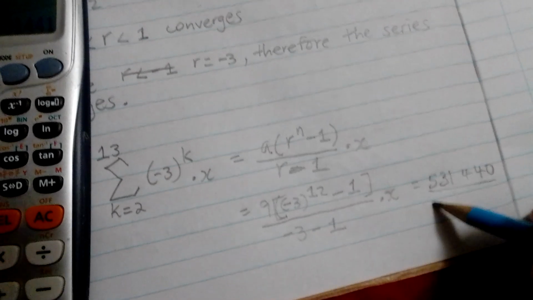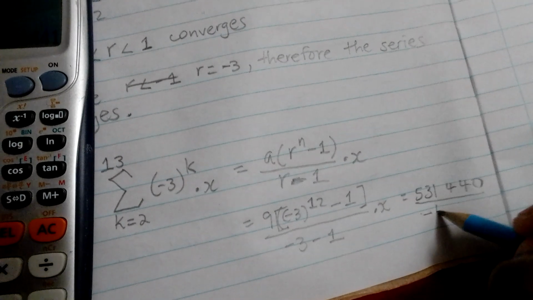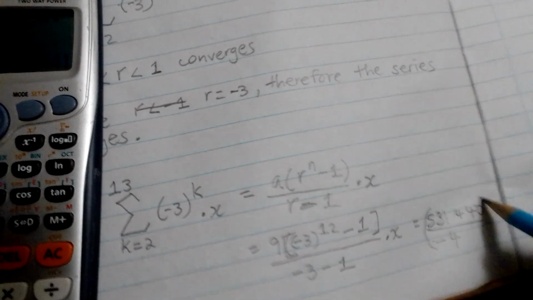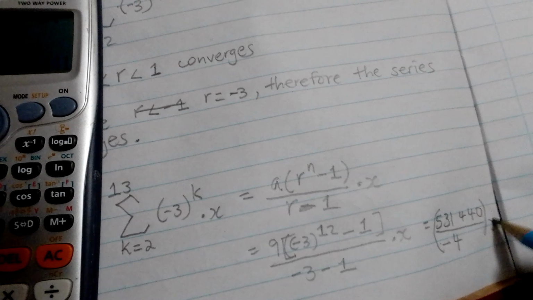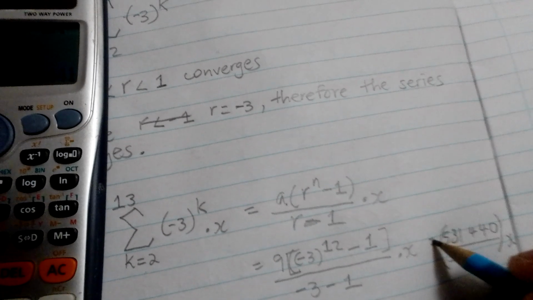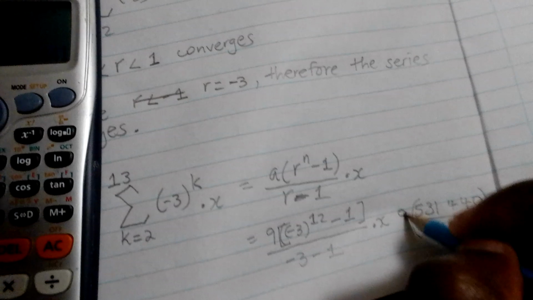Divided by our denominator, where we have a -4, right? All of that multiplied by x there on the side, and then remember the 9 on the outside. Let's just write the 9 over there.